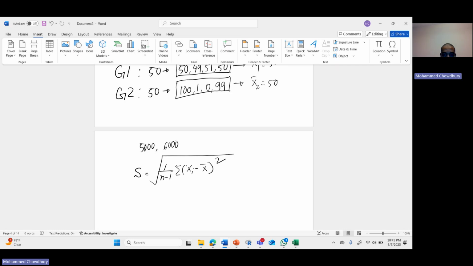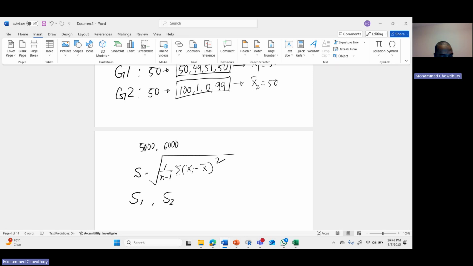This is the way you can find it. If you compute the standard deviation for the first group and for the second group, then you can say that the first group has more consistent data compared to the second group because the standard deviation is smaller for the first group.